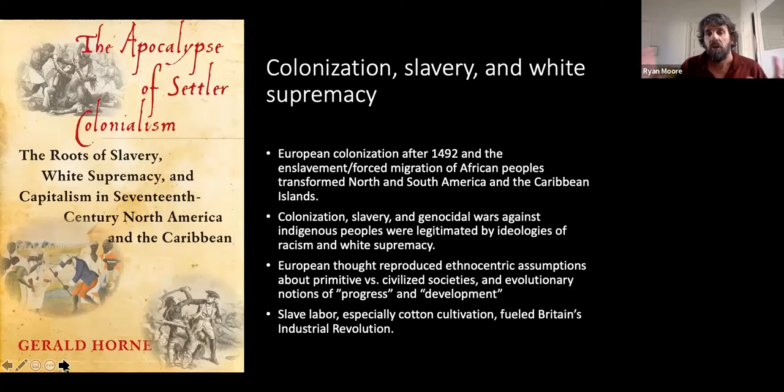The colonization of these territories and the beginning of these genocidal wars against indigenous peoples, and these forms of enslavement that are legitimated, justified, rationalized in terms of an ideology of white supremacy, of racism, the idea that these people can be colonized, exterminated, or enslaved because they're inferior, less than human, whereas people of European descent are not just superior, but closer to God somehow.